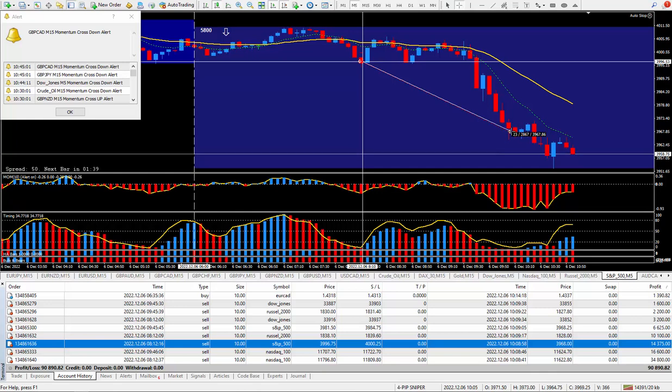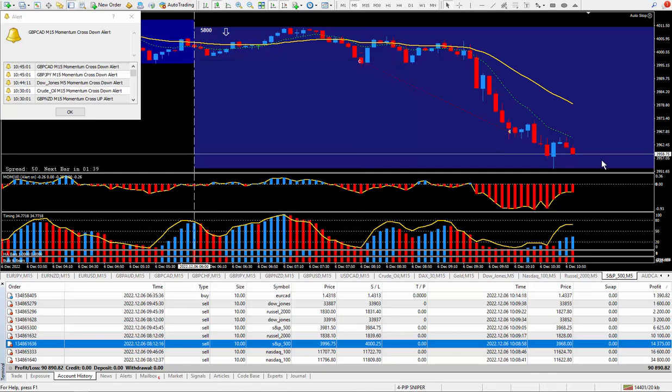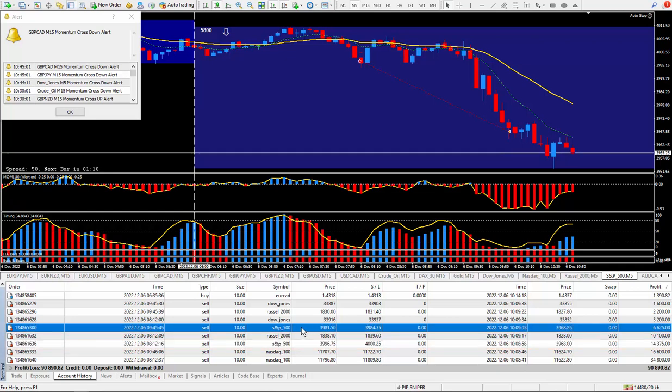But it's 287 ticks times the $5 times the 10 lots paid out $14,375. Now I can show you the second position I took right here on the S&P 500. It was later on. I believe it was around here somewhere.